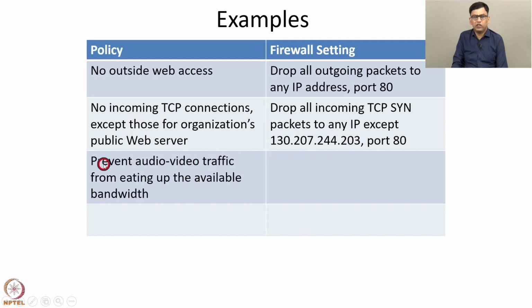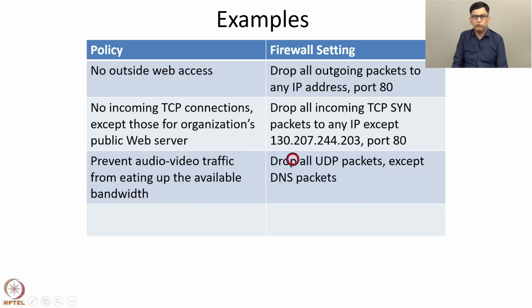Then suppose another policy we want to enforce is we want to prevent audio video traffic from eating up the available bandwidth. This is a common scenario. If there is a lot of audio video traffic, then that can block the network resources and prevent other applications such as web traffic and FTP and so on from running. To enforce this policy, we can use the fact that audio video traffic typically runs over UDP.